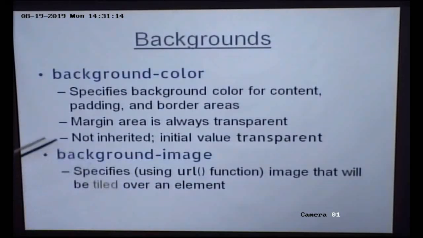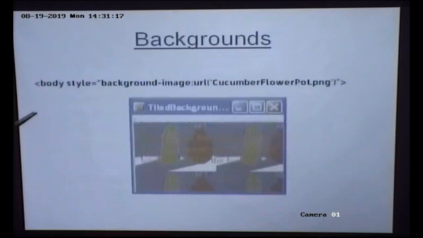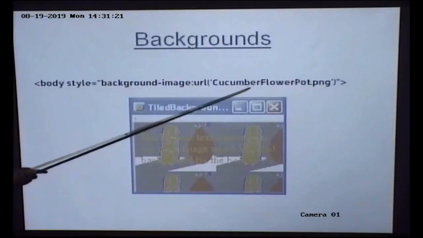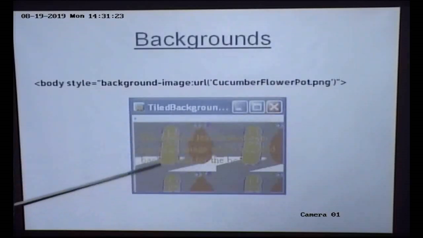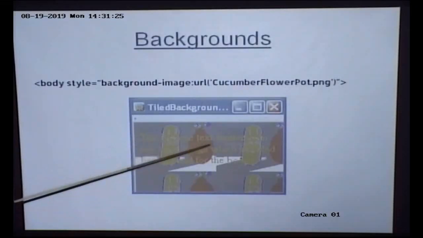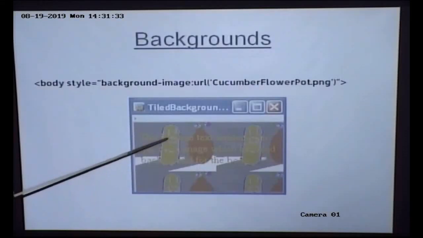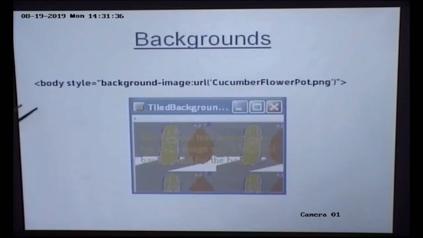So you can see how the image is tiled over an element. See here, you are calling that image cucumberflowerpot.png, and you have the content. See here, these 3 lines of content are available. The content is over a tiled image. So you can insert the image at the back side of the content. So that is tiled.